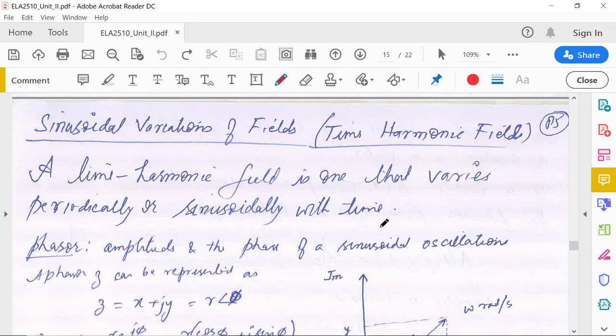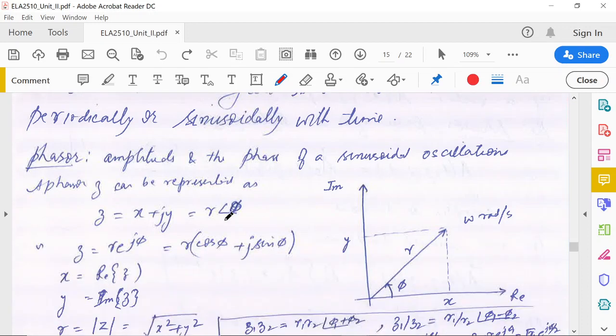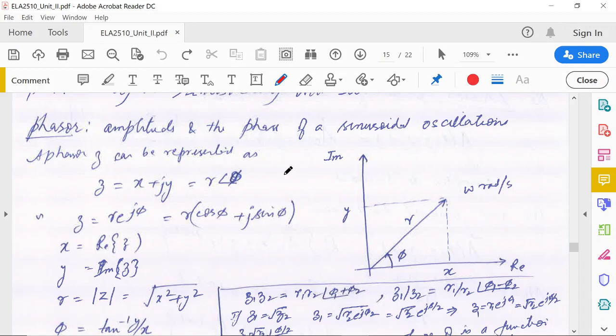To understand the time harmonic field, we have to understand the phasor form first. If you have a complex number z, you can represent this number in either of two forms. One is the real and imaginary representation, or you can have a magnitude and phase form.